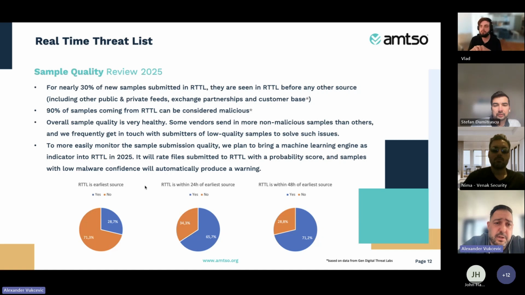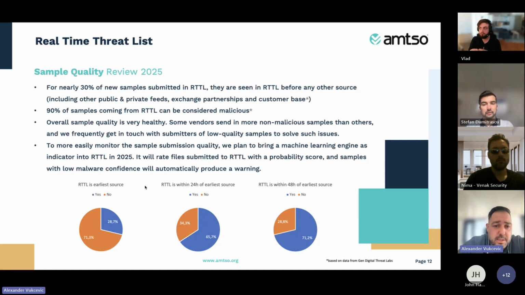As you can see, nearly 30% of the sample submissions are seen before any other source. And when it comes to later, within the first 24 hours, it's still 34% of the samples not seen by any other sources, which includes other feeds, VirusTotal, and so on.